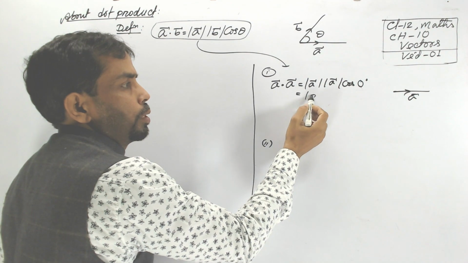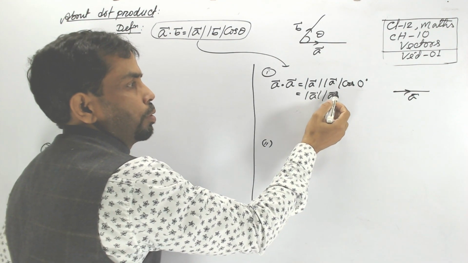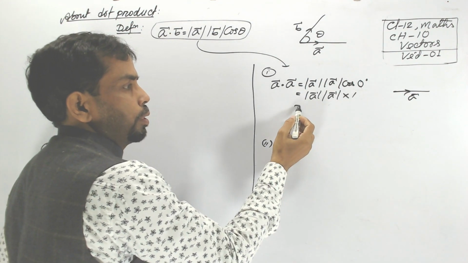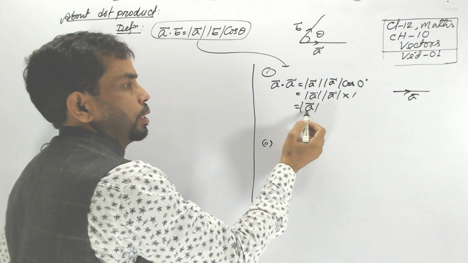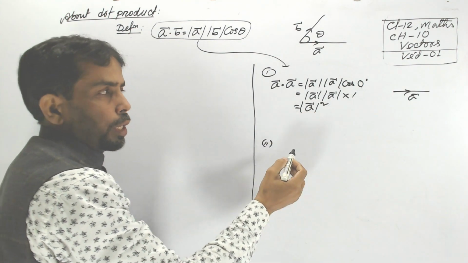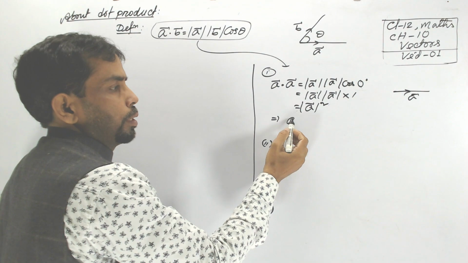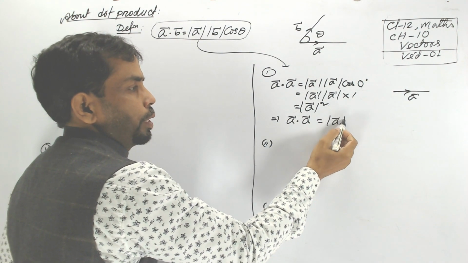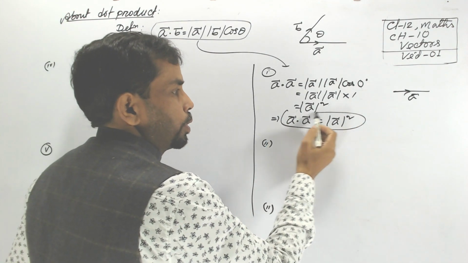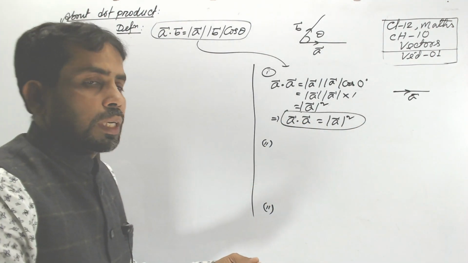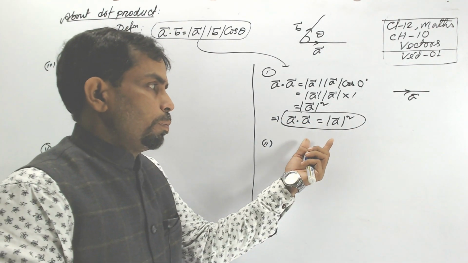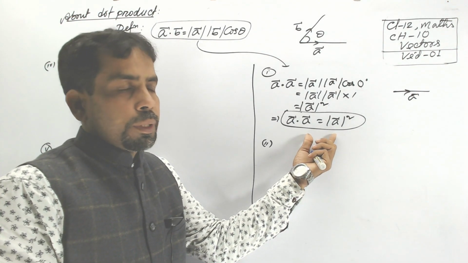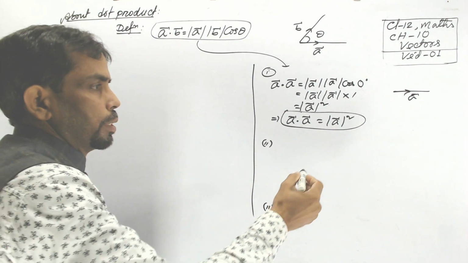So magnitude of A into magnitude of A, and cos 0 value is 1. So vector A dot A itself is magnitude of A square, and this is a very important result. Many questions related to magnitude are solved by this concept. You have to remember this.